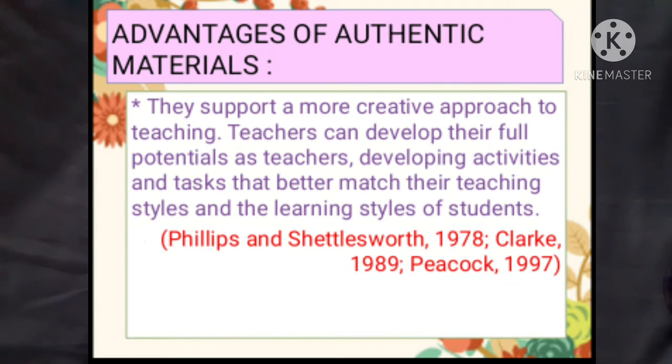Teachers can develop their full potential as teachers, developing activities and tasks that better meet their teaching style and the learning style of students. Models are used to select and to structure teaching strategies, methods, skills and student activities for a particular instructional emphasis.